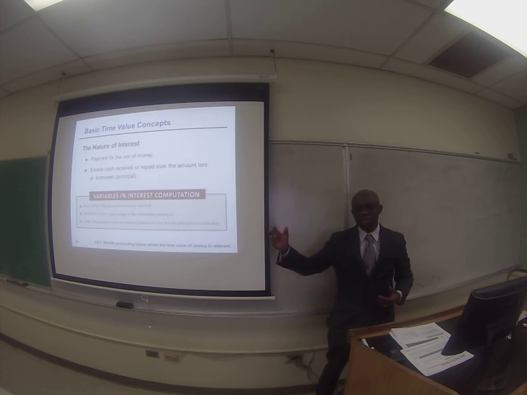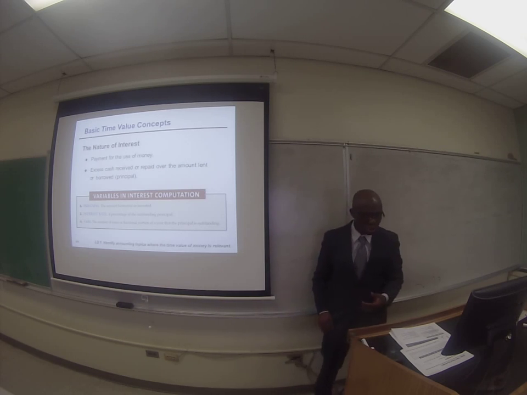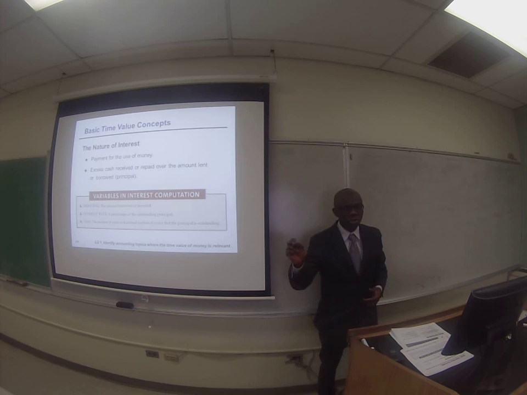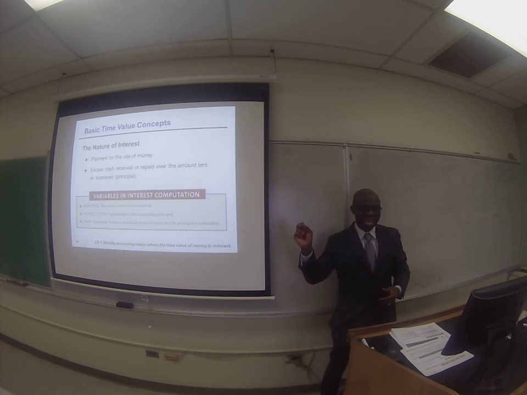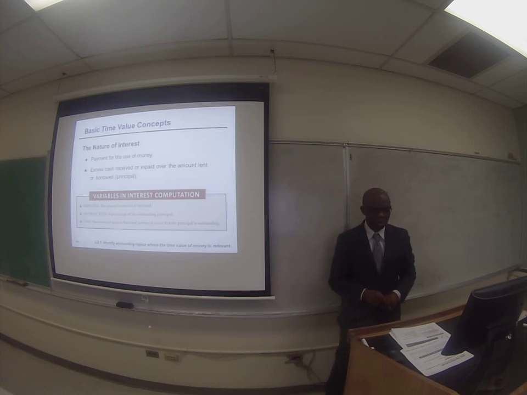It is a revenue. It's the money that you receive for allowing another party to use your money over a period of time. So we call that the excess cash received. That is for the lender, or the excess cash repaid, and that is for the borrower, over the amount lent or borrowed.